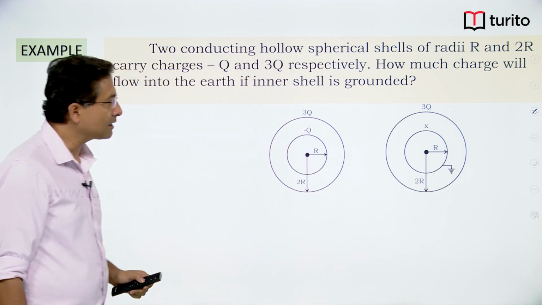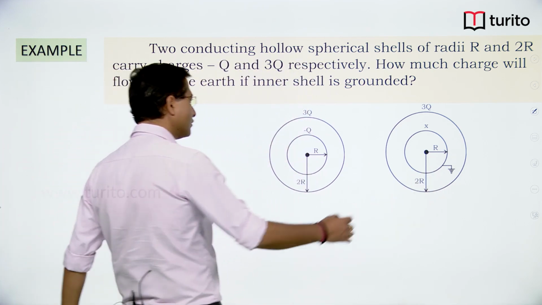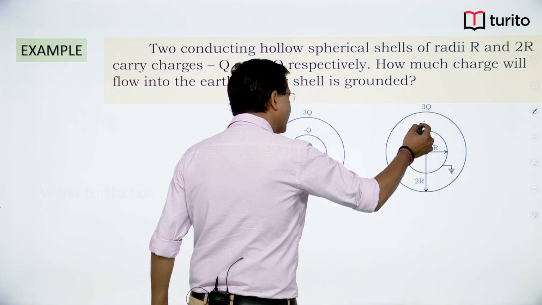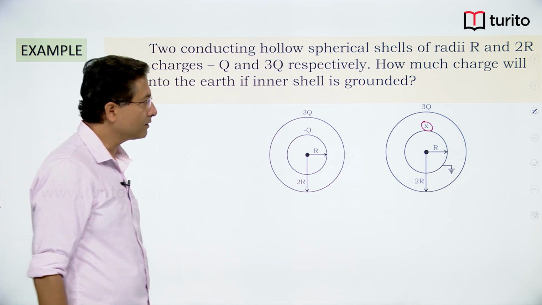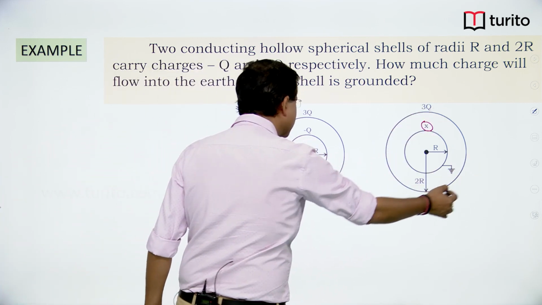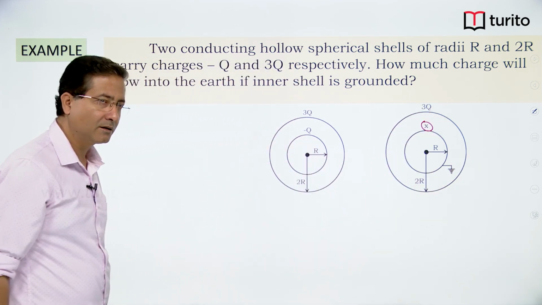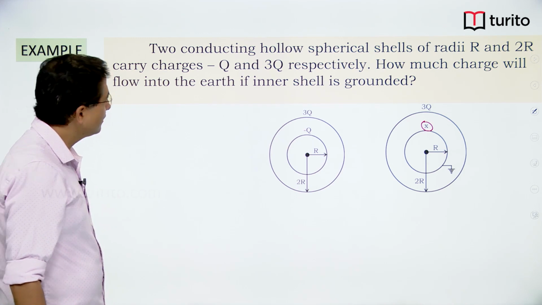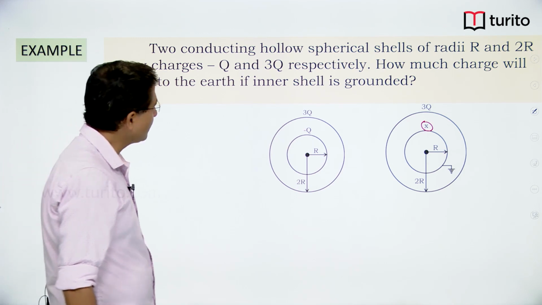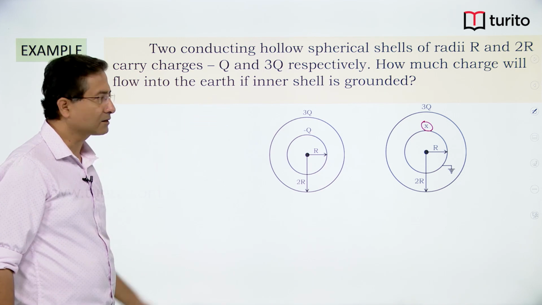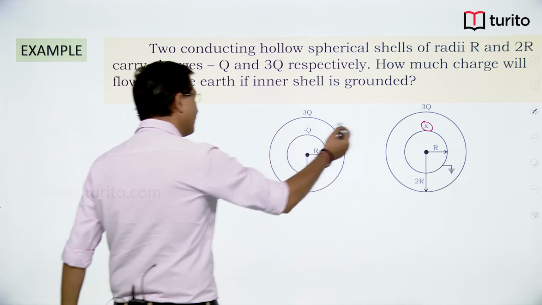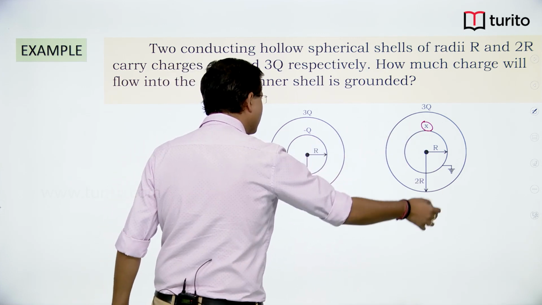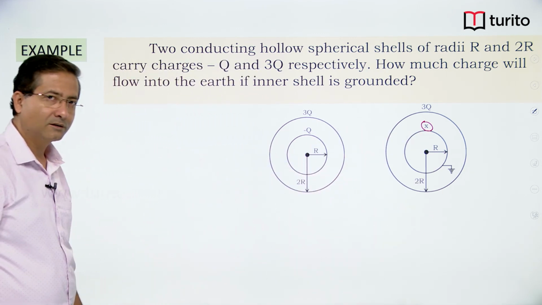Let the final charge appearing, no matter what earth gives, be x on the inner one, and as the outer one is isolated, its charge will remain 3q. I am asking how much charge will flow into earth. So, the difference between what you have assumed and this one will flow into the earth.